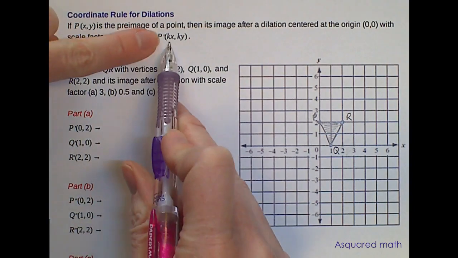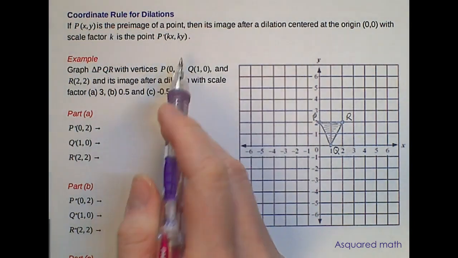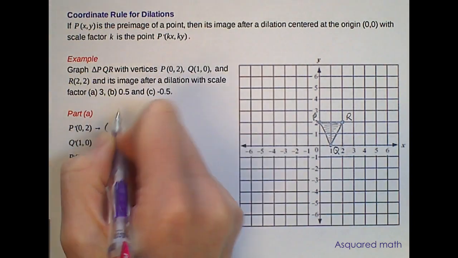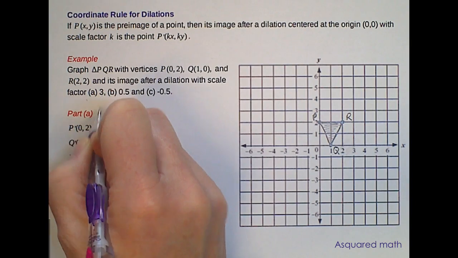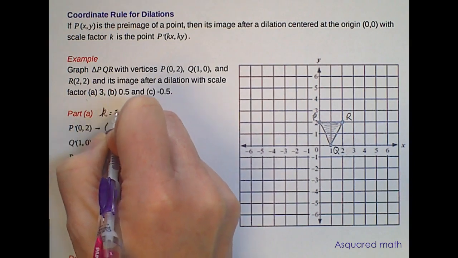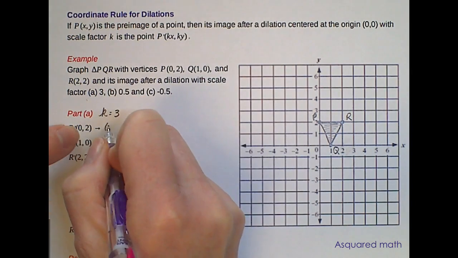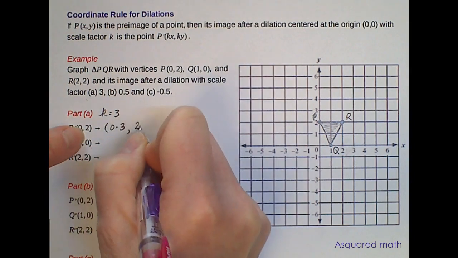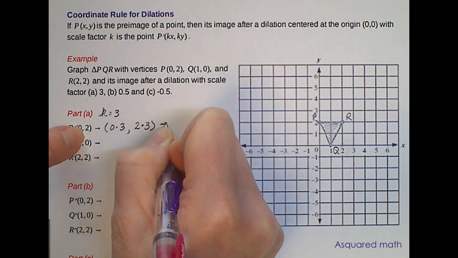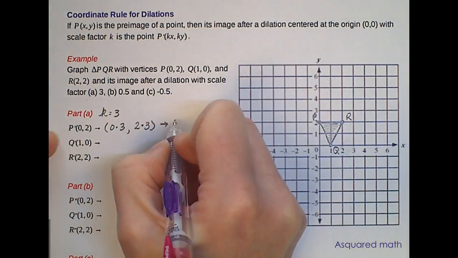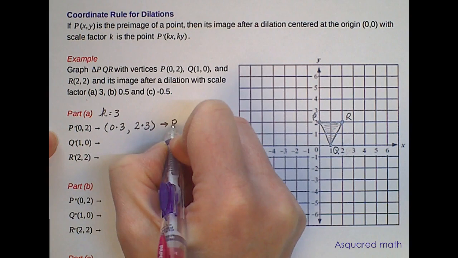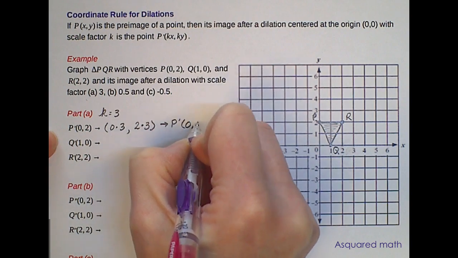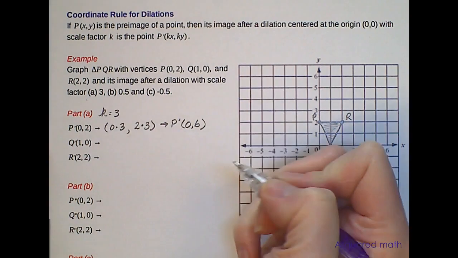If we follow this rule up here, we are going to take 3, since that's our scale factor for part A. We're going to take the 0 and multiply it by 3, and we're going to take 2 and multiply it by 3, and that will give us our new P prime. So we will have (0, 6) as P prime.